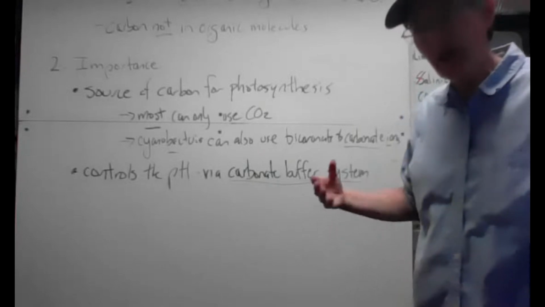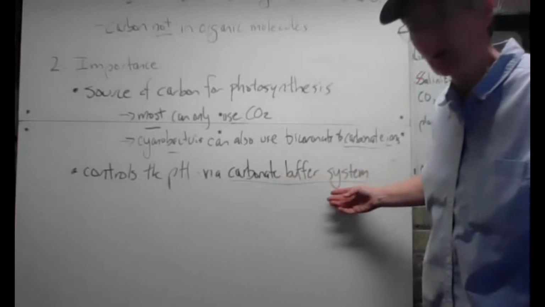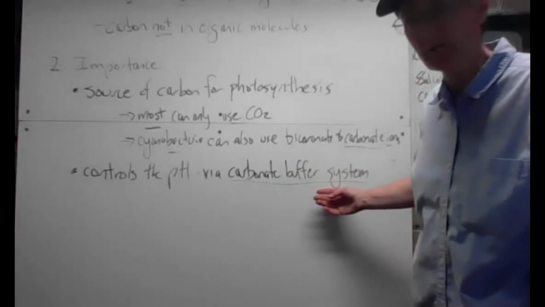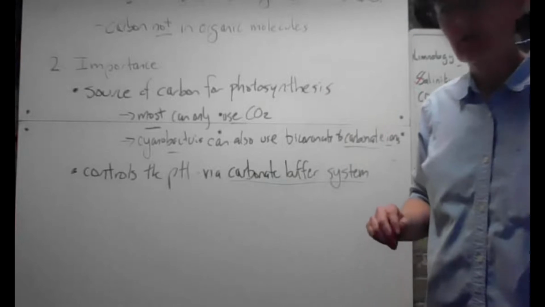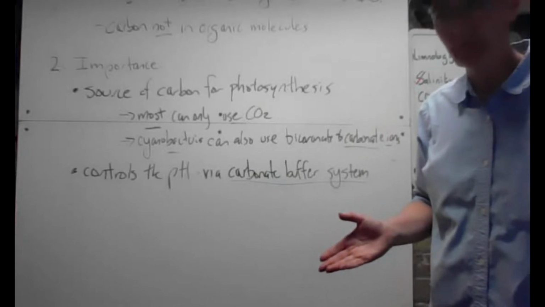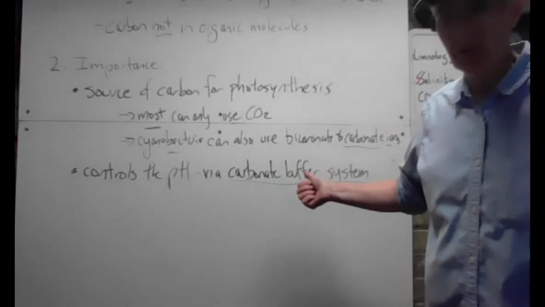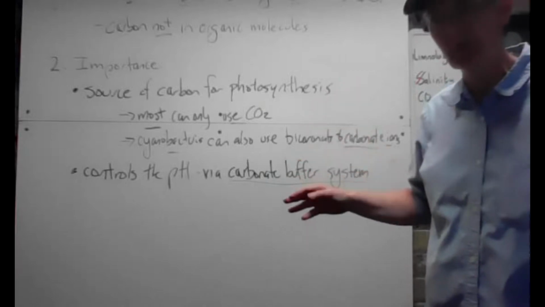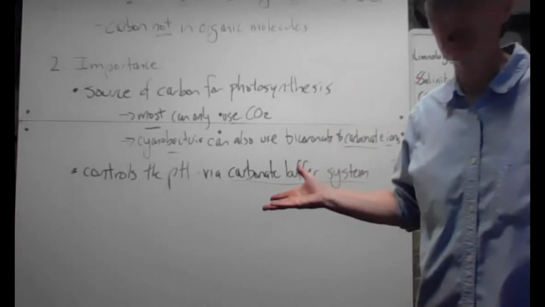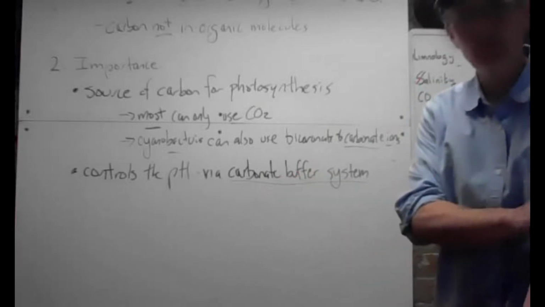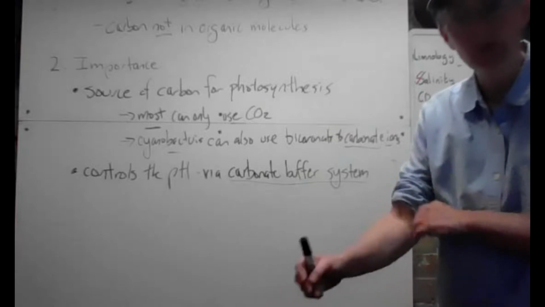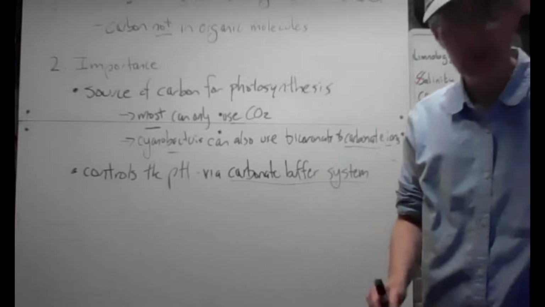So if a lake has a strong carbonate buffer and acid rain falls on the lake, it won't change pH. If a lake doesn't have a buffer system and acid rain falls on the lake, the water becomes acidic. So having this carbonate buffer system keeps the pH of a lake stable and protects it against acidification.